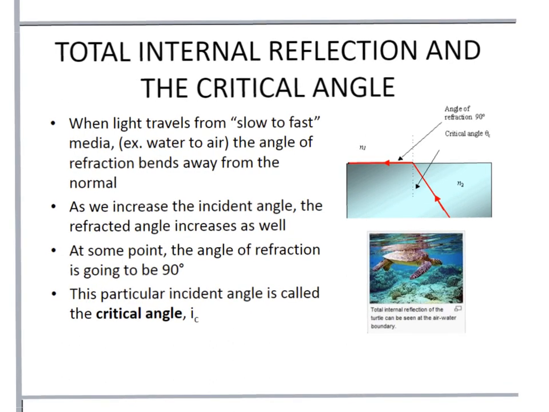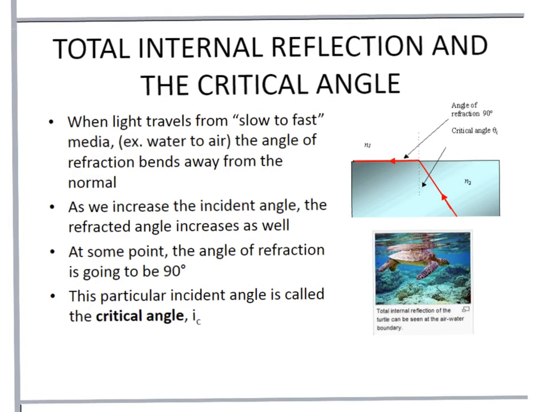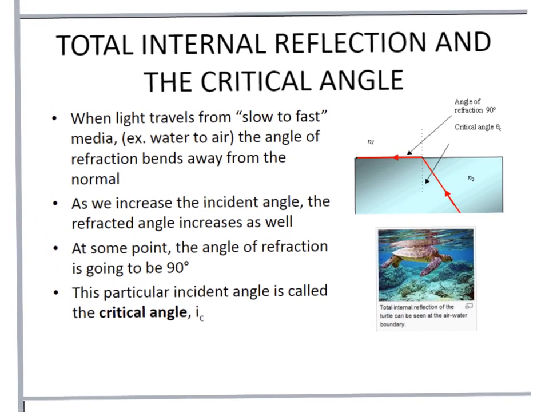It's the concept of total internal reflection and the critical angle that it happens at. Total internal reflection, oopsie-daisy, will only happen when light is traveling from slow to fast. So from, for example, water into air.